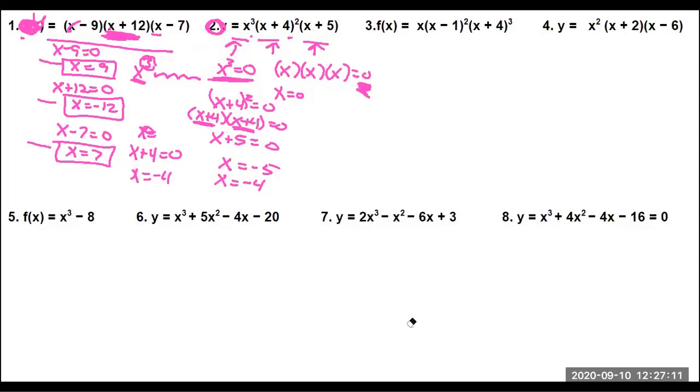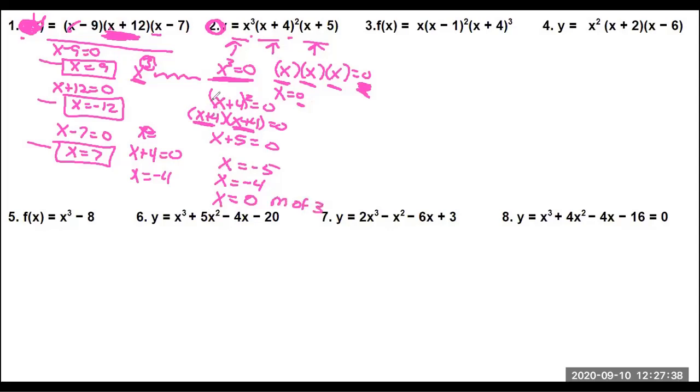Take a look at this one. Do you see where it's x times x times x? Well, that x happened 3 times. That factor resulted in a 0 of x equals 0. But it happened 3 times. So what we would say is it has a multiplicity of 3.